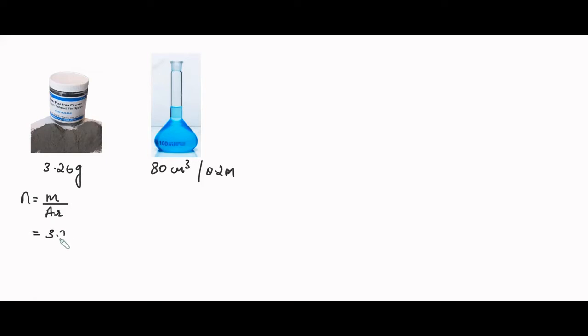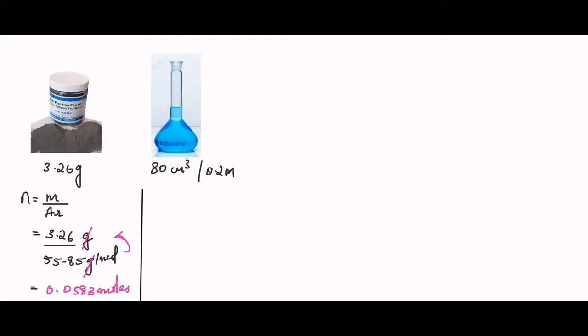Mass is given as 3.26 grams, and the atomic mass of iron is 55.85 grams per mole. The grams cancel out, and moles goes to the numerator. So I get 0.0583 moles.